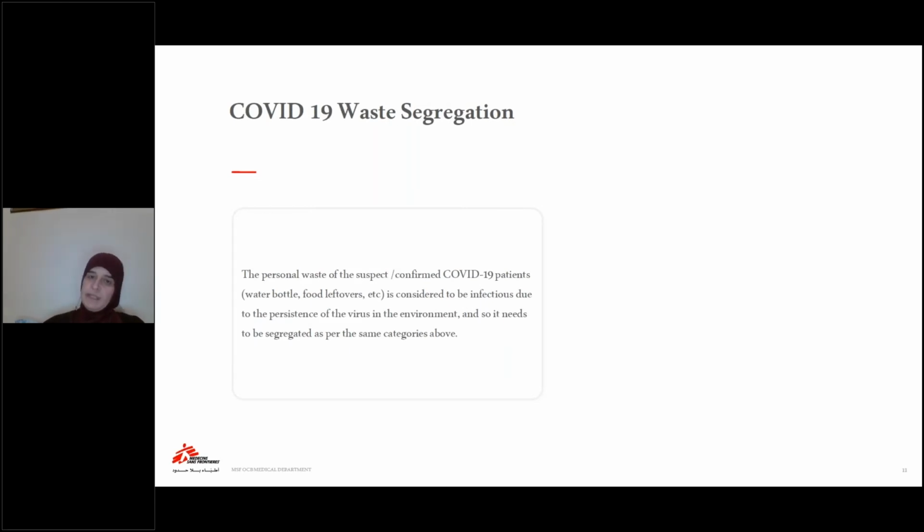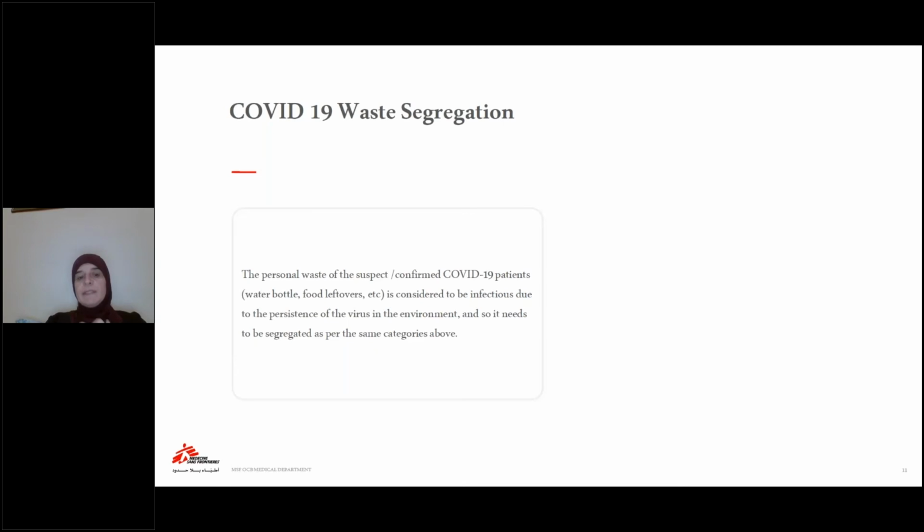What about the COVID-19 waste? The personal waste of any suspected or confirmed cases with COVID-19, regardless of what it is, water bottle, food leftover, all is considered infectious as it gets into touch with a suspected or confirmed patient.